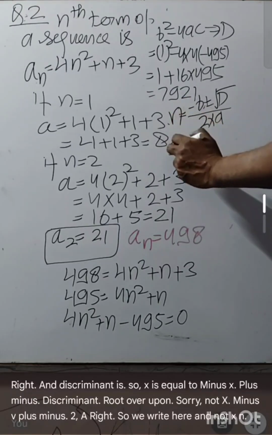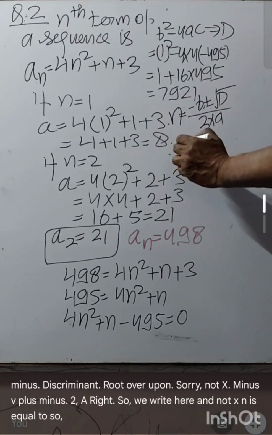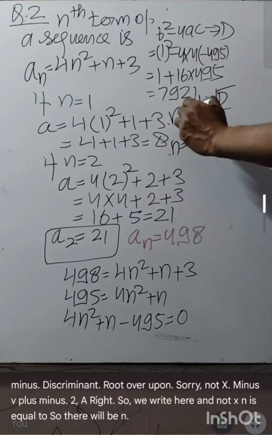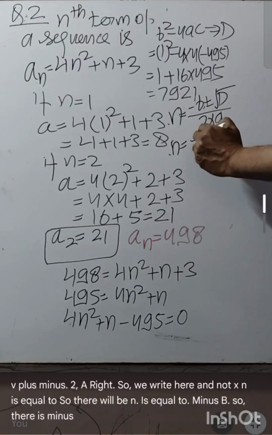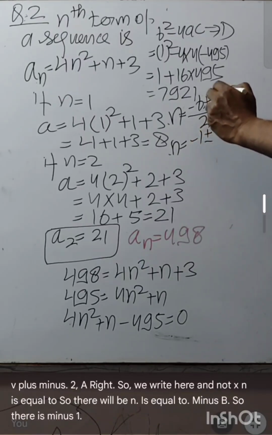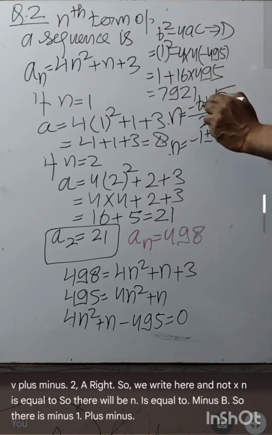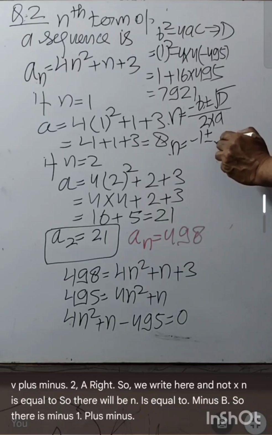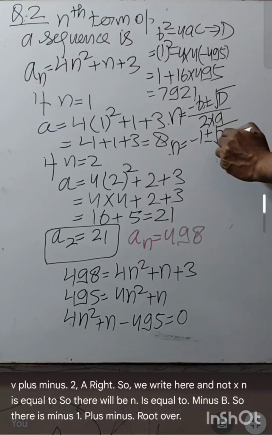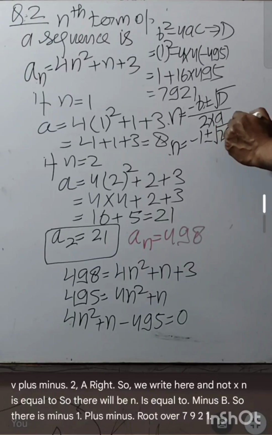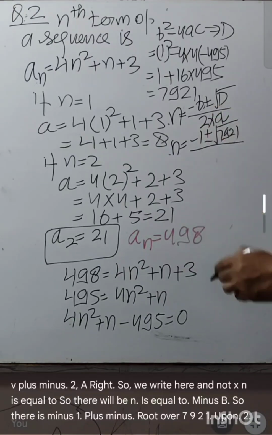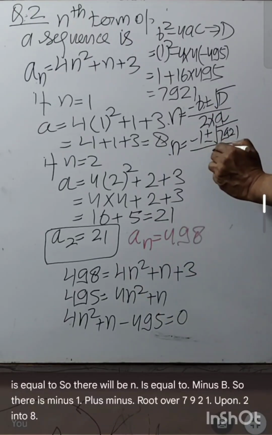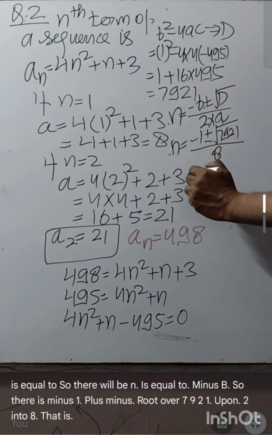N is equal to minus b. So there is minus 1 plus minus root over 7921 upon 2 into 8. How much is that? 8.